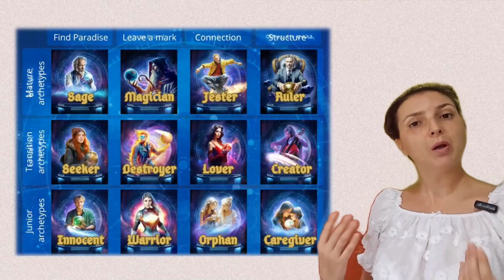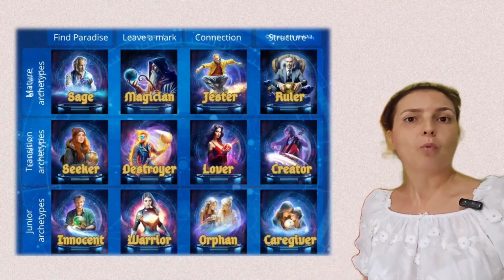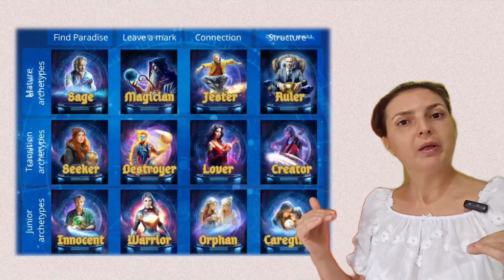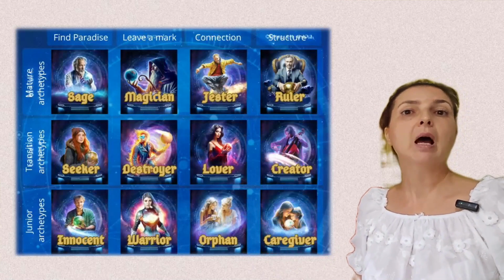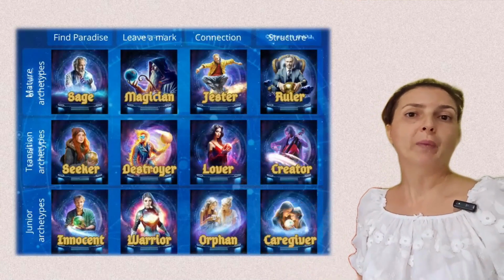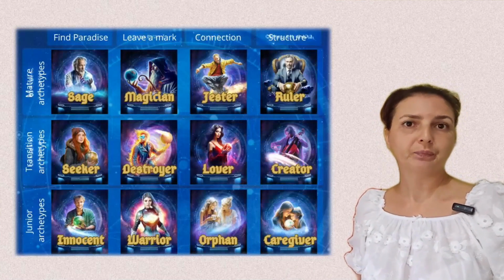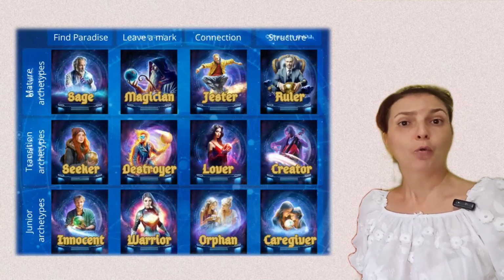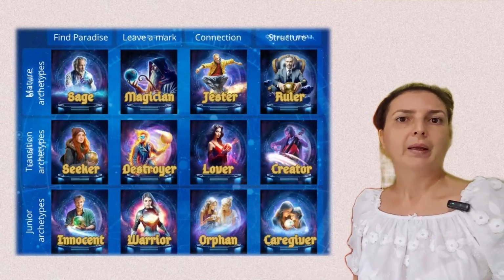Then arises the need to belong. The orphan or realist doesn't form deep connections but learns to build many surface level ones. The main need here is, I want to be normal. This is the survival strategy of the small child. Many limiting beliefs come from here: I'm not normal if.